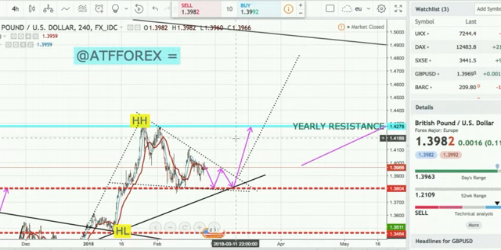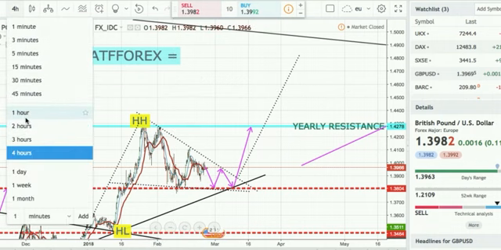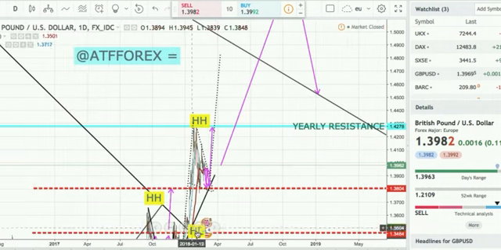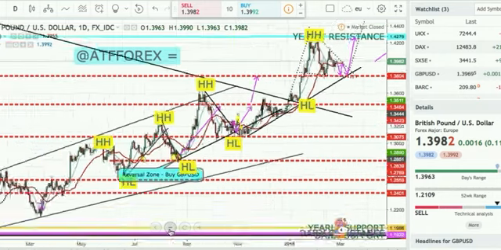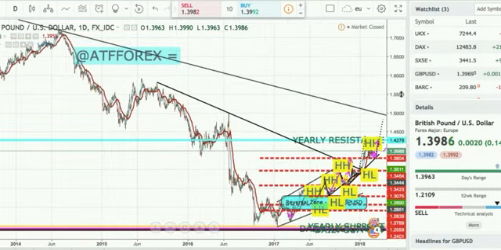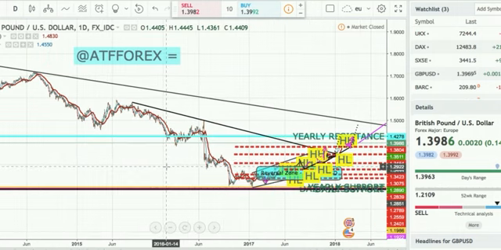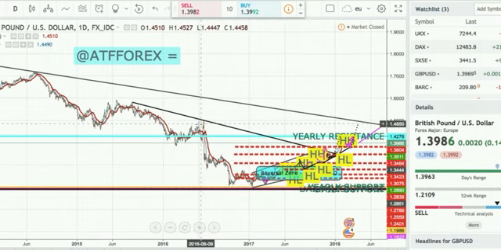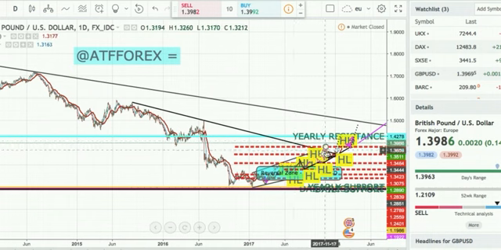The reason for that is if I zoom this out on a daily time frame, what we can take a look at is we've been working this inner trend line right here, and we've actually broken above that inner trend line, which is 1.35. This is what sent price surging a good 800 pips higher to get to the levels that we are at now. And obviously price has pulled back.